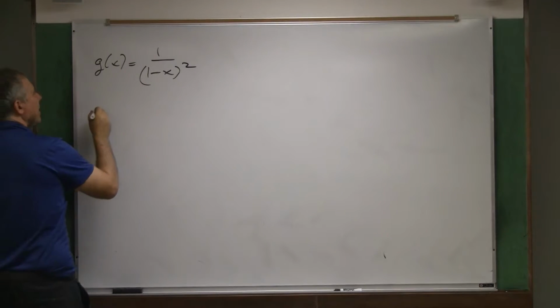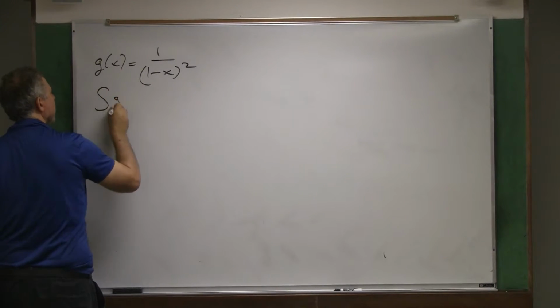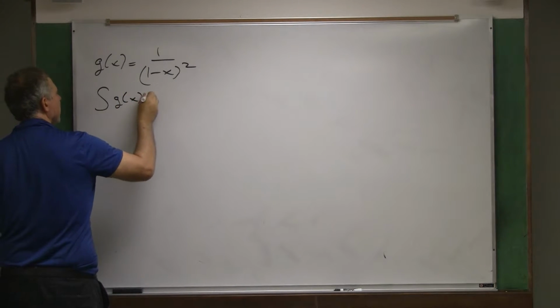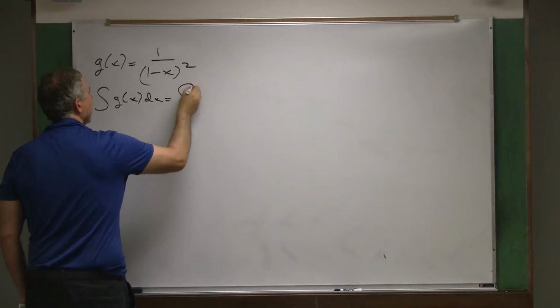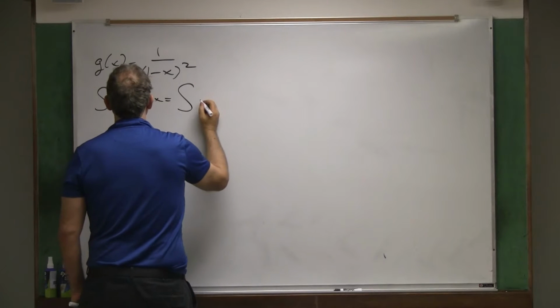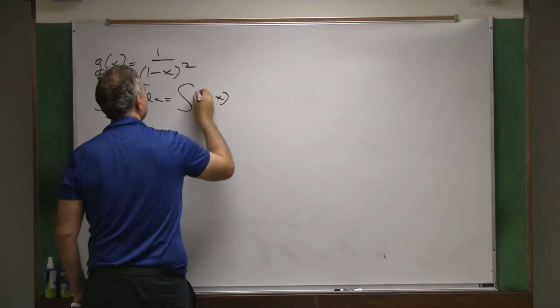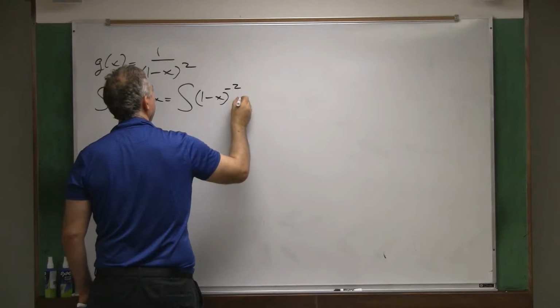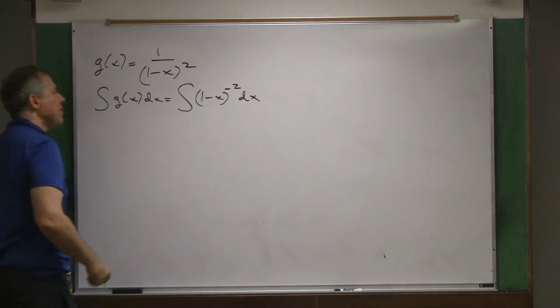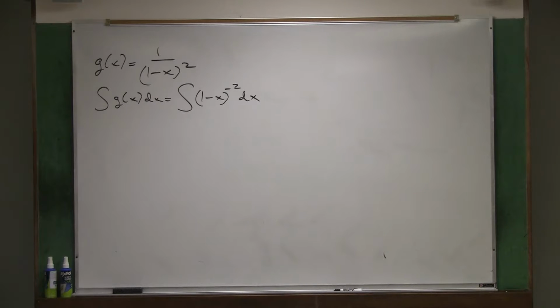What's the antiderivative of g? Antiderivative of g, this is 1 minus x to the negative 2 power. What's the antiderivative of that?